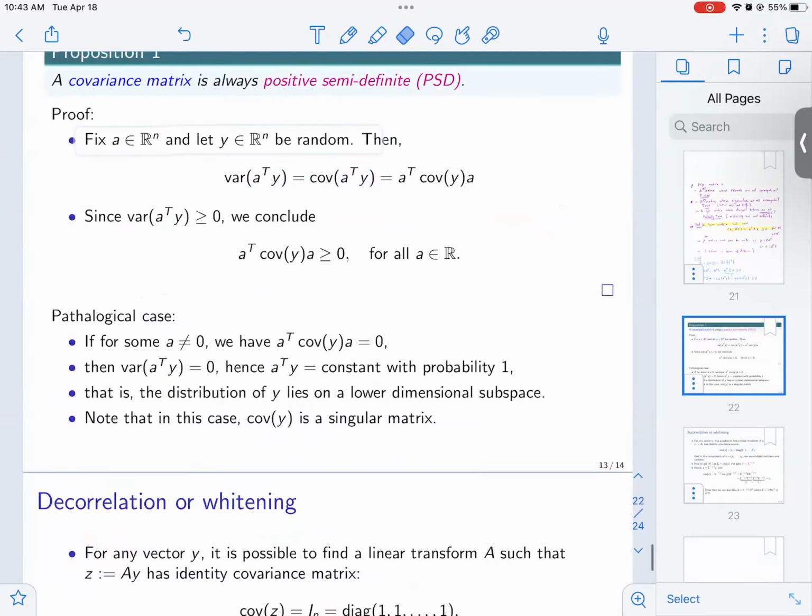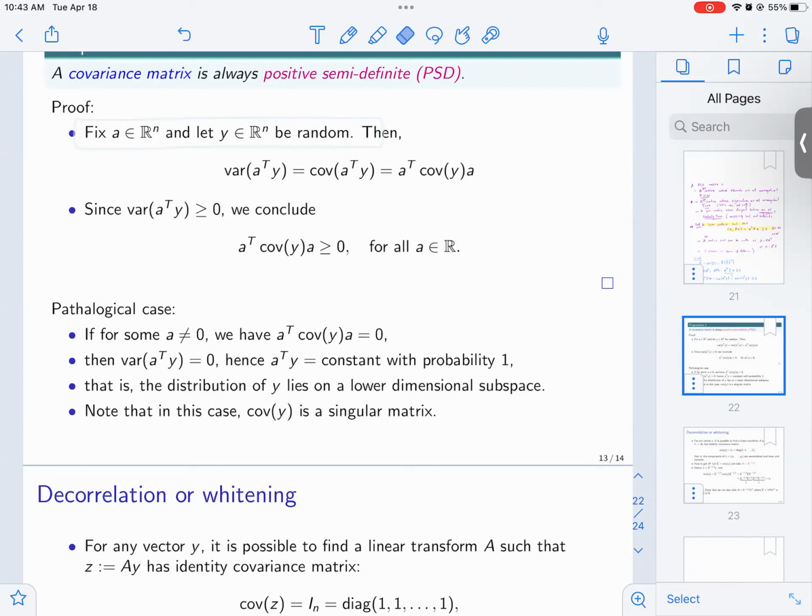In that case, if it is positive definite, it means that the variances of these linear combinations are all strictly positive. If it happens that it's positive semi-definite but not positive definite, it means that there is at least one non-zero A such that this variance is 0, which means that the variance of A transpose Y would be 0.